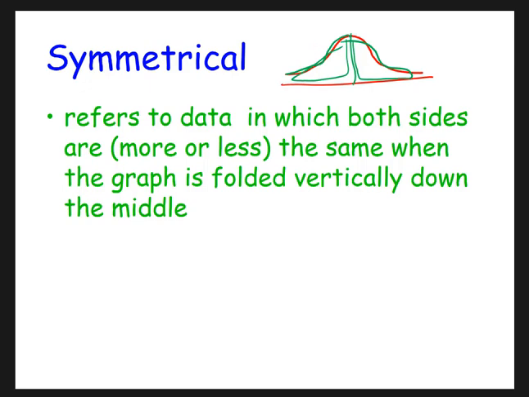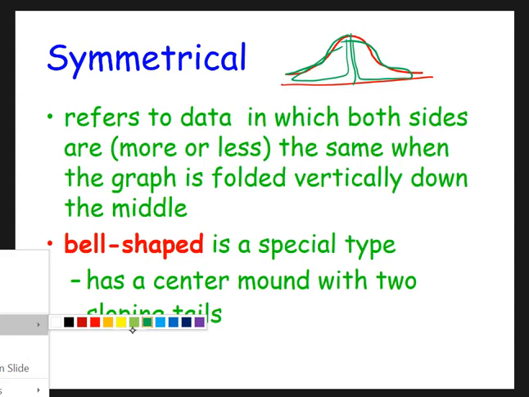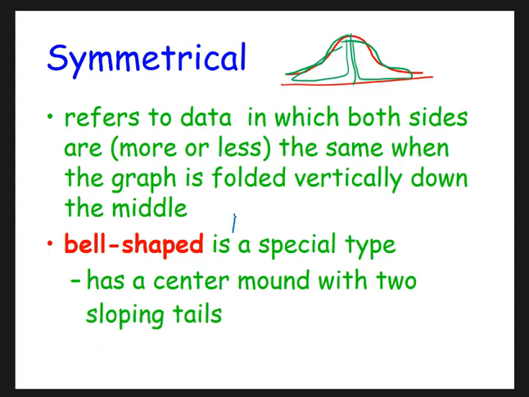That's symmetrical. Bell-shaped is typically what we use. Bell-shaped goes with what we refer to as the normal curve or normal distribution. We call it normally distributed. We'll talk more about normal distributions later in the course.